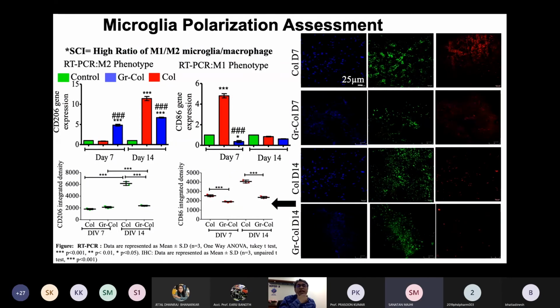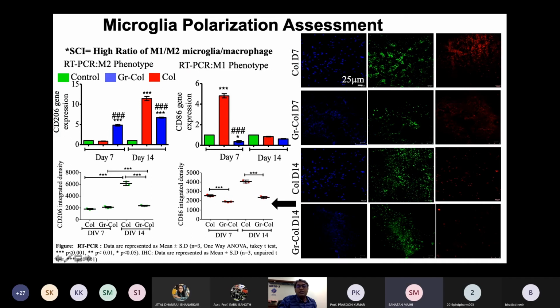When we looked into the microglia, in a spinal cord injury there is a higher ratio of M1 to M2 microglia. So again, we used CD206 and CD86 as markers, and you can see the expression of CD206 and CD86 at day 14 of GR-Col.